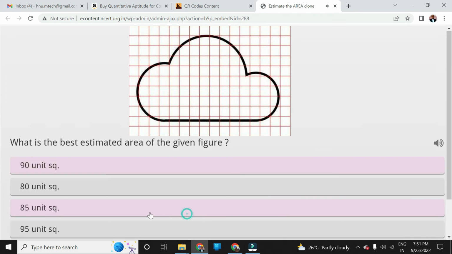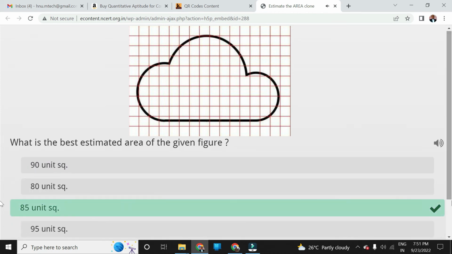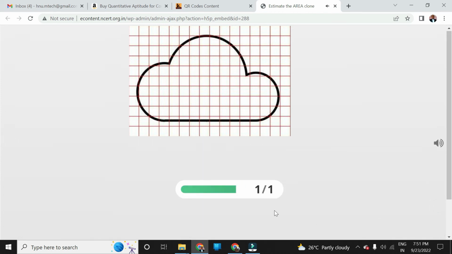So there is no solution provided for these two, because it's clear right now. At this point of time, it will be clear. Or otherwise, repeat this video and see how you have to calculate these measurements. Okay, so you have to check how many unit squares are there, and then accordingly you have to tell.